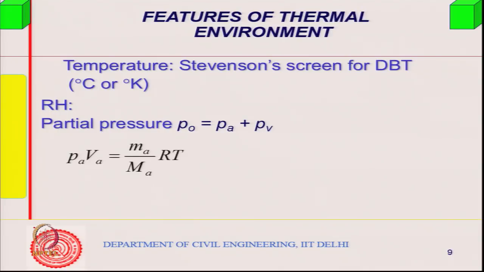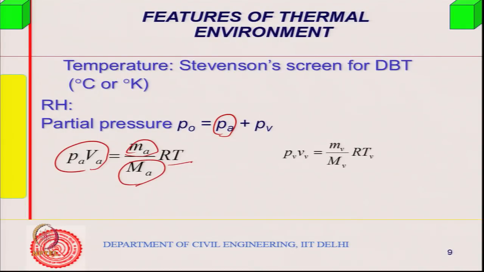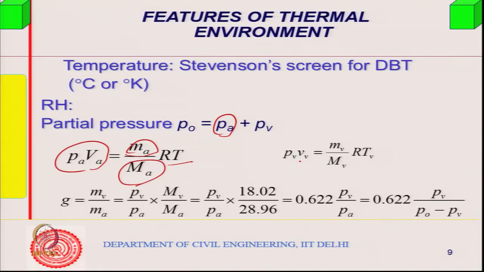So, partial pressure will be written like this, and we treat them as ideal gases. Let us say for dry air only, Pa V equals the mass of the air divided by the molecular mass of air, times R T. Similarly, for vapor I can write in the same manner, and both of them occupy the same volume by definition.